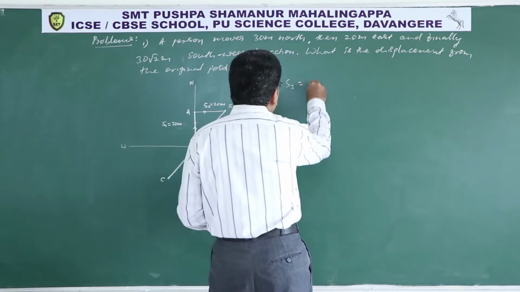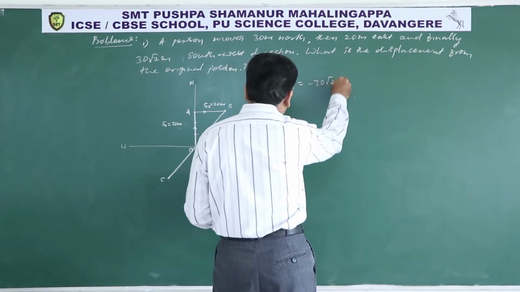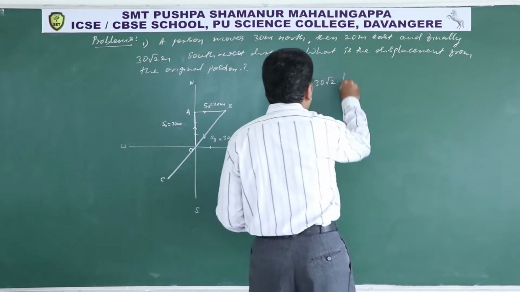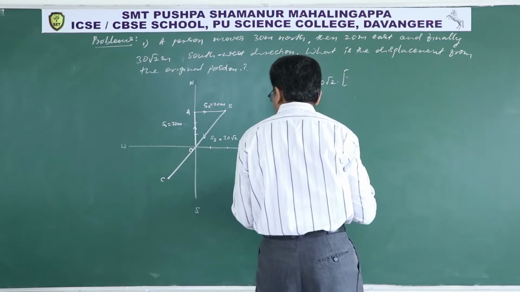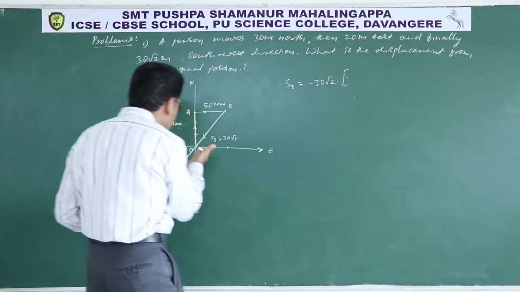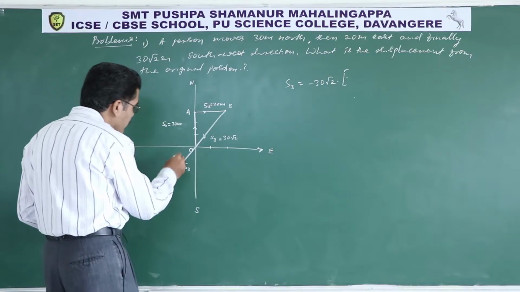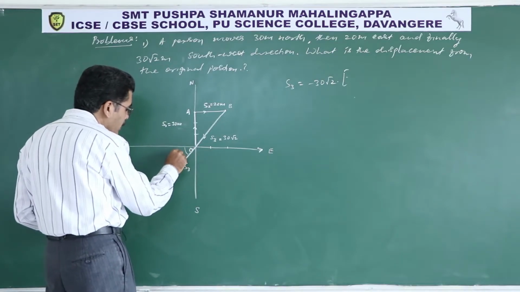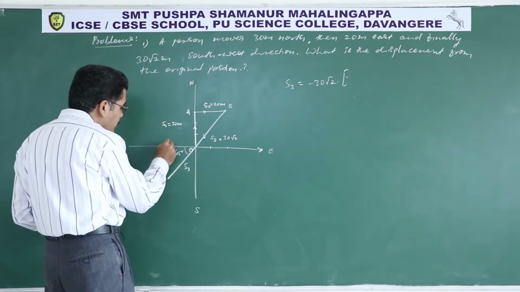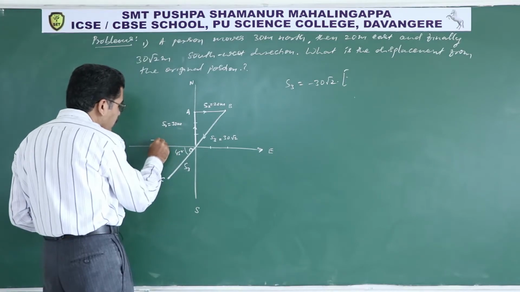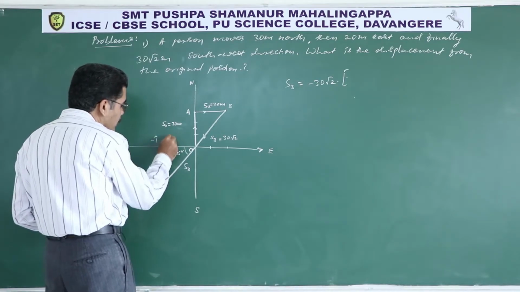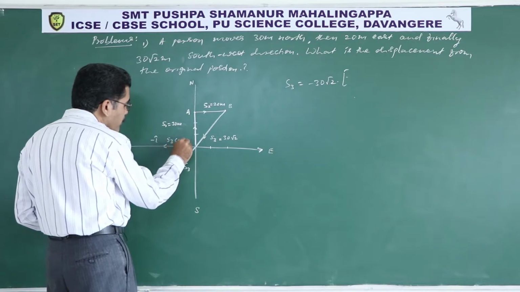to minus 30 into root 2 cos. So why the minus sign? Because I am taking here the component of S3 along this direction. This angle is 45 degree. Minus i cap, S3 into cos 45.